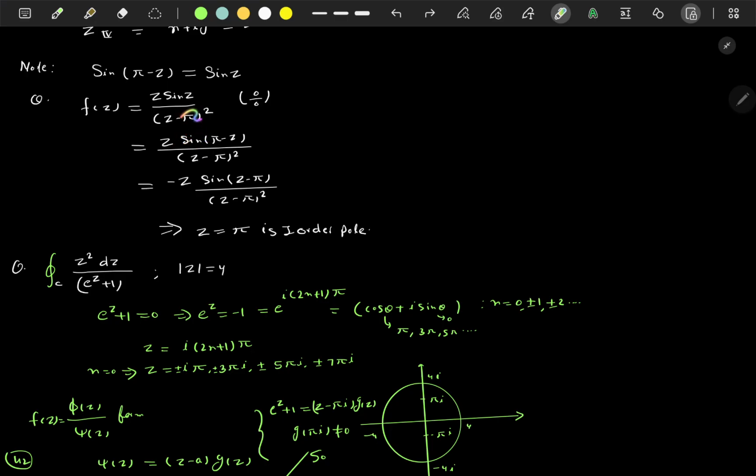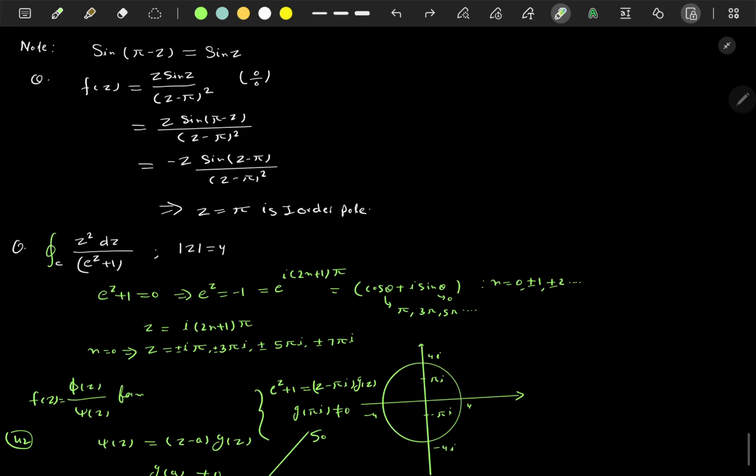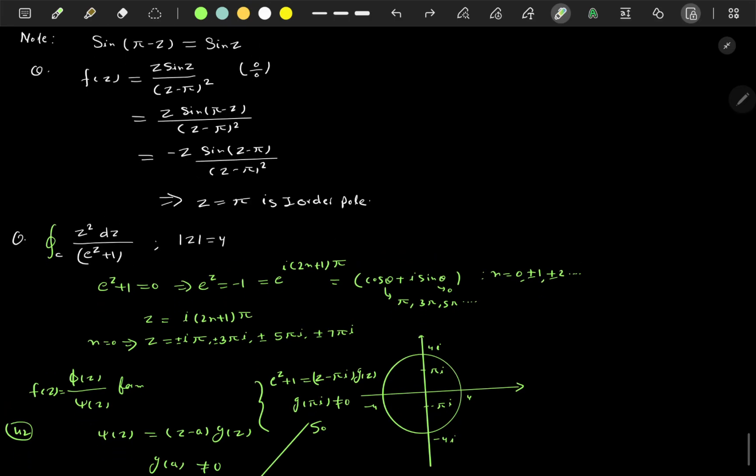How you are getting it here? Simply sin of 180 minus theta is also sin theta, put it here, and take minus. So sin z minus pi, it will be cancelled out, and z equal to pi will be a first order pole. Okay, sin theta by theta square, when you expand it, you will get a first order pole.